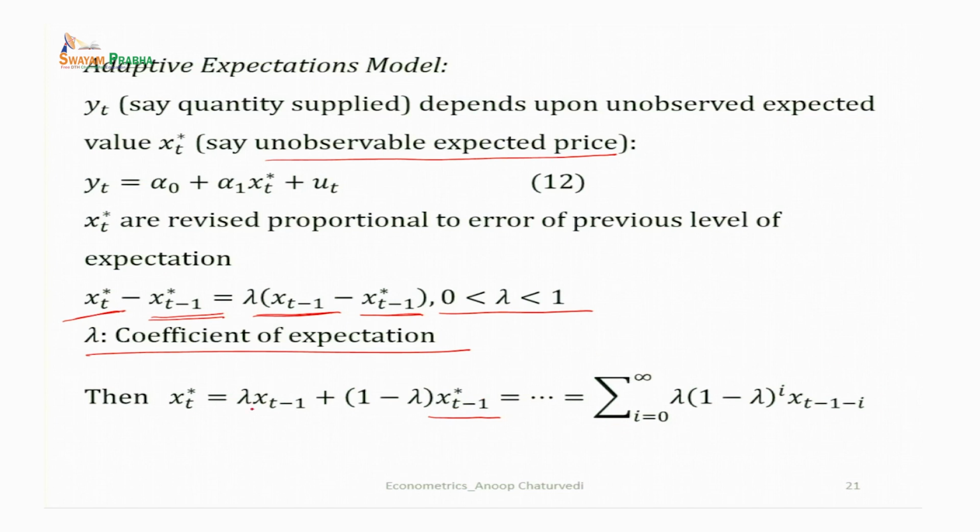So, x_t* is equal to summation i equal to 0 to infinity lambda (1 minus lambda)^i x_{t-1-i}, and then we substitute this value of x_t* in your model here.